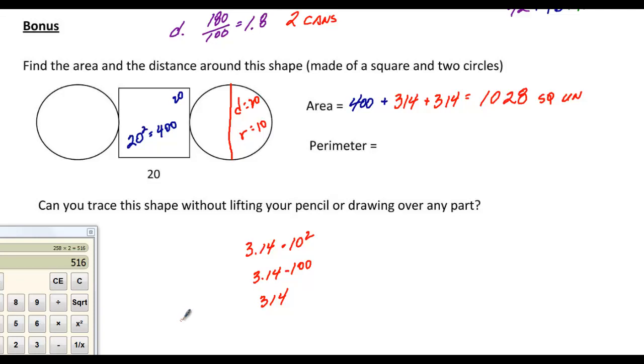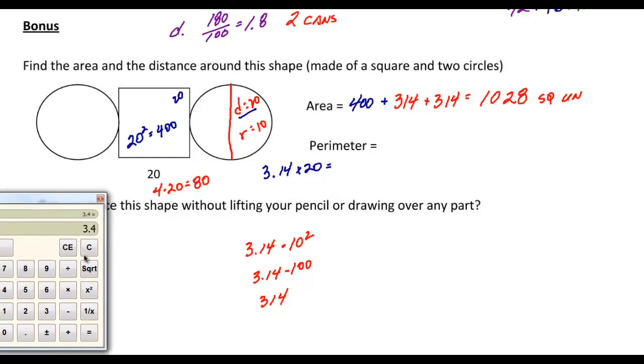As far as perimeter goes, this was 20 and 20, so we're going to have 4 times 20, or 80 for the square. And for the circles, since this diameter was 20, we're going to have 3.14 times 20, pi times the diameter. So 3.14, you always got to be careful that you punch everything, 3.14, there we go, times 20 is 62.8.